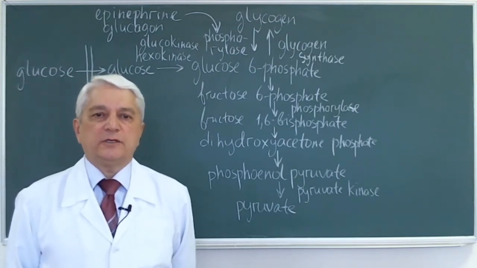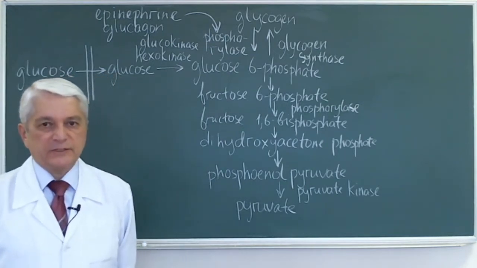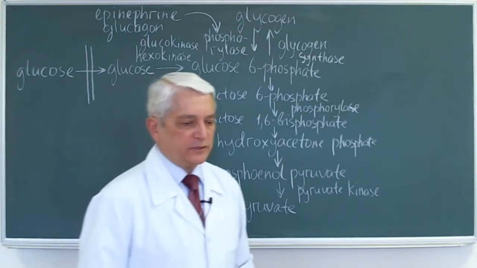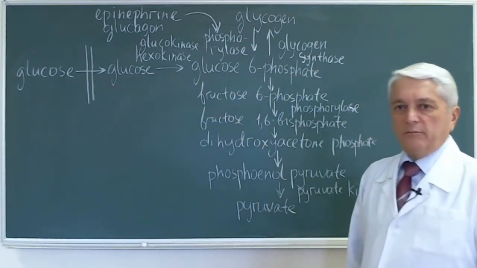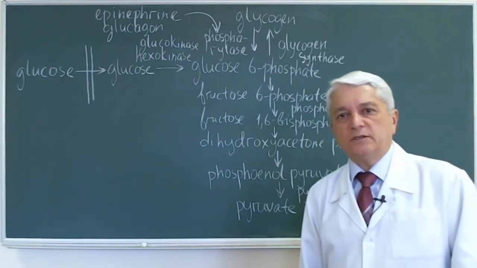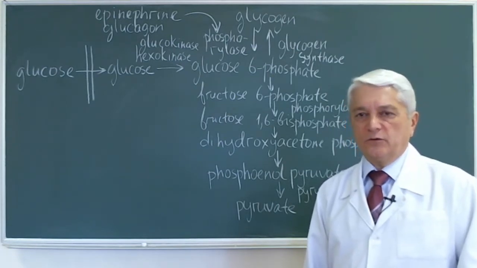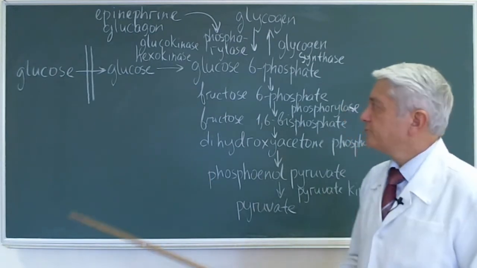So then we will go to citric acid cycle, but at first let's discuss some things connected with glycolysis. Many reactions of glycolysis are reversible. It means that with the same enzyme, a reaction can go to both directions. But we have three exceptions.